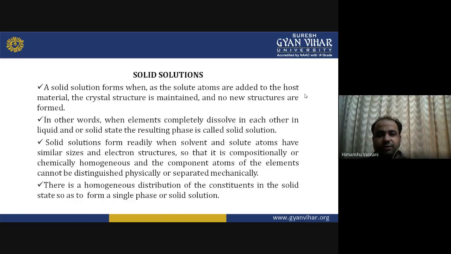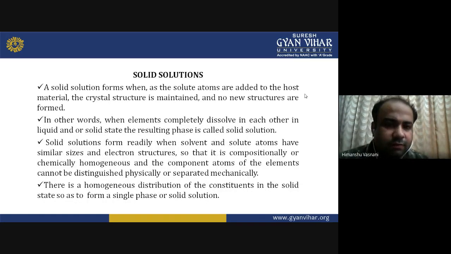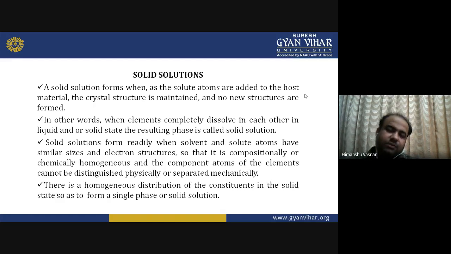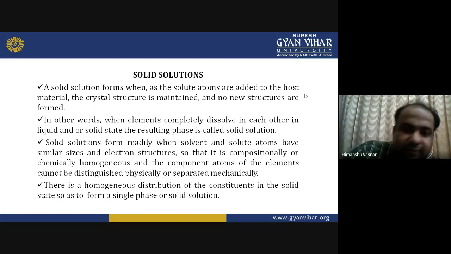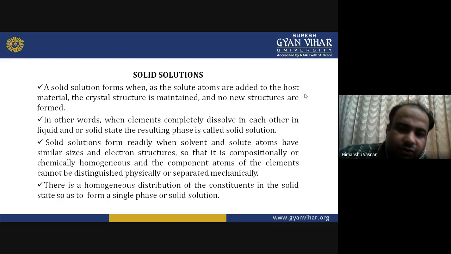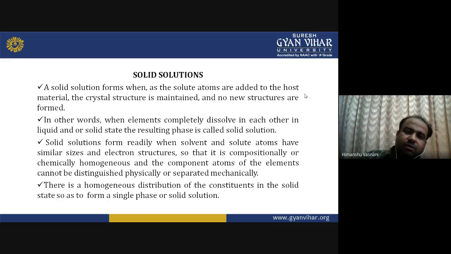Then solid solution. A solid solution forms when solute atoms are added to the host material. The crystal structure is maintained and no new structures are formed. In other words, when elements completely dissolve in each other in the liquid or solid state, the resulting phase is called a solid solution.